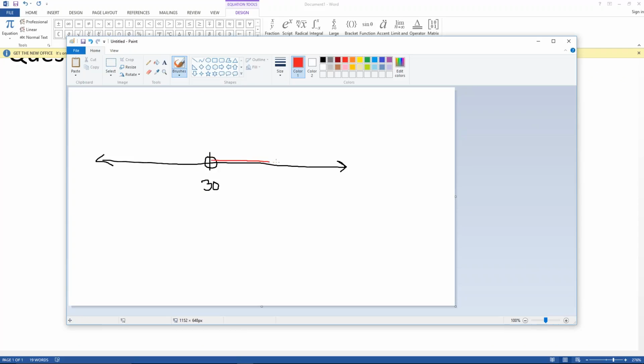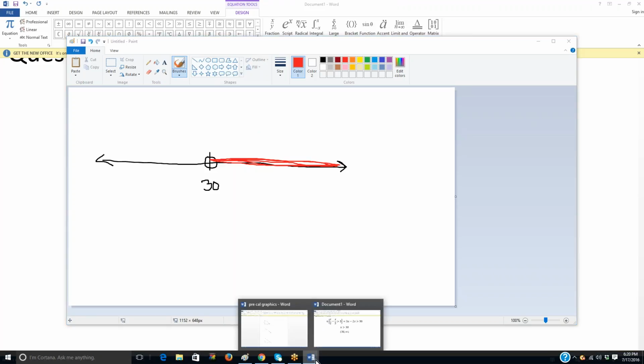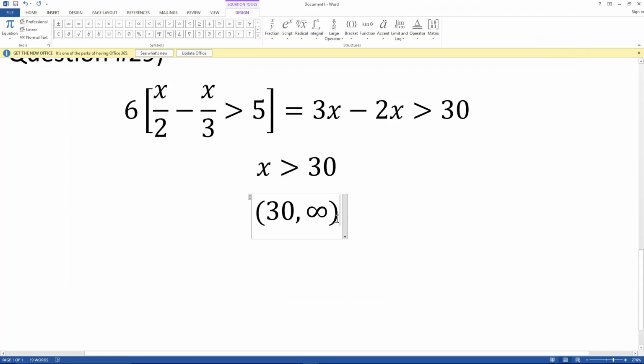And you're shading this. Makes sense? Because anything greater than 30 is to the right. So that was number 20.